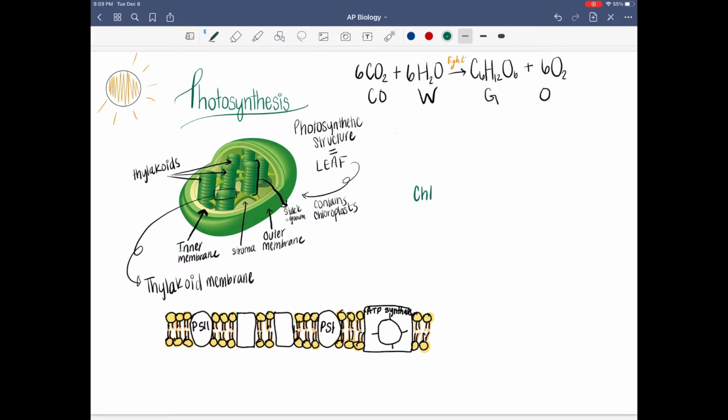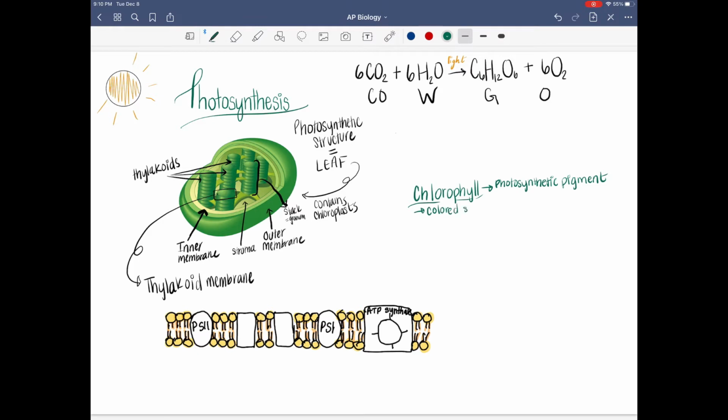When we start looking at the thylakoid membrane, one of the components that you need to remember is chlorophyll. Chlorophyll is a big component of the thylakoid membrane, and this is the photosynthetic pigment. This gives plants the staple green color.